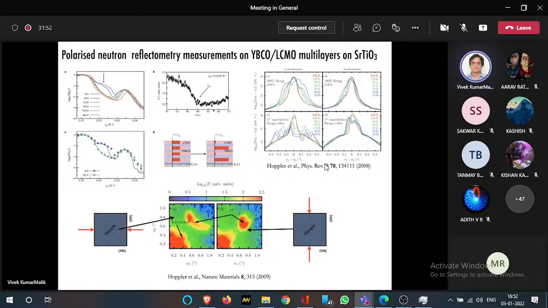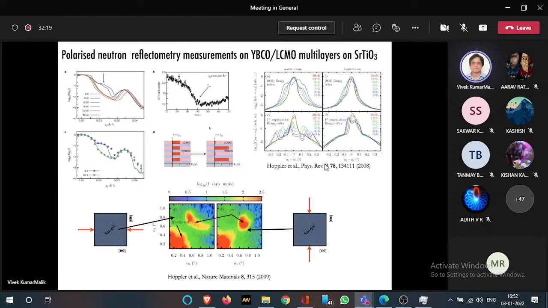We also see an effect where the magnetization of LCMO, as we go into the superconducting state, starts to modulate in one layer. If you have a multi-layer, 10 layers of YBCO and 10 layers of LCMO, and you magnetize it, and then go lower than the superconducting temperature, then in one layer the magnetization starts to decrease, and in another layer it starts to increase.